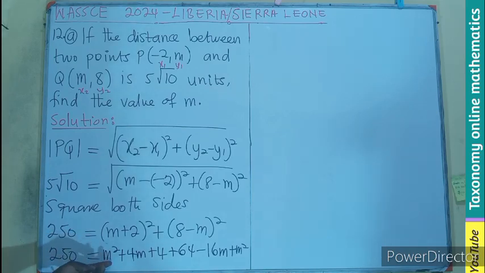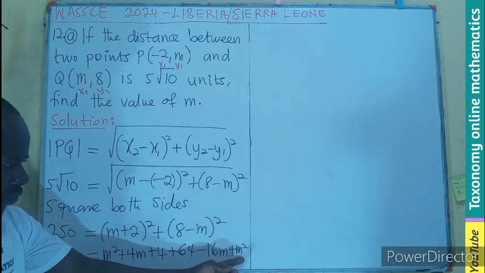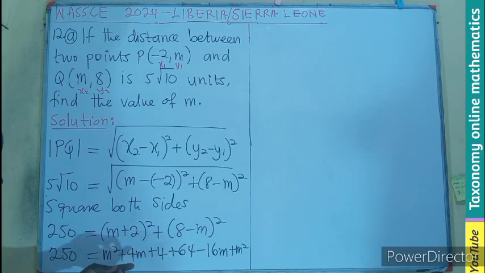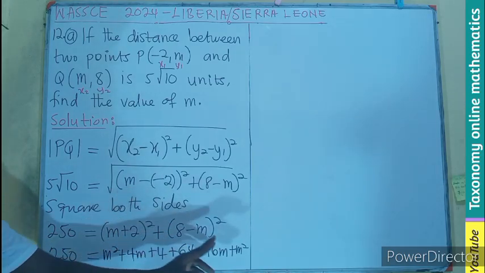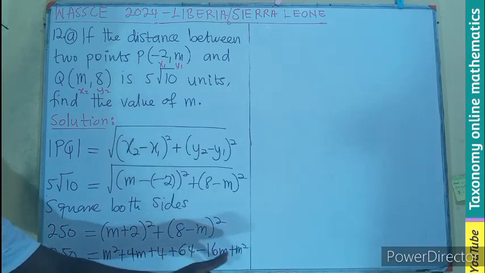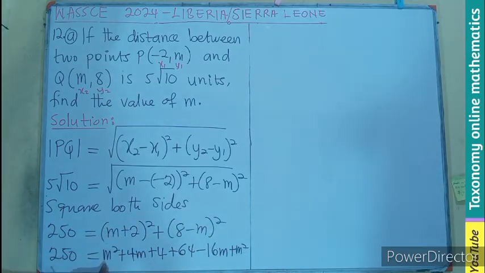So now we can see m squared, m, m. We can group like terms from here. So m squared, that will be giving us 2m squared. Then minus 16m plus 4m, that simply means 4 minus 16, which will give you negative 12m.